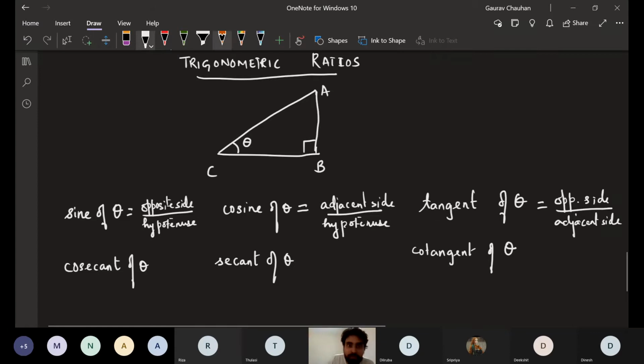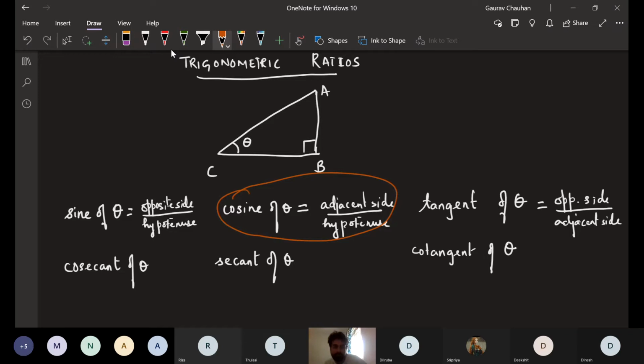Manasa, can you tell me what will come if I take cosine of theta, in place of adjacent and hypotenuse? What can I write in place of adjacent side?